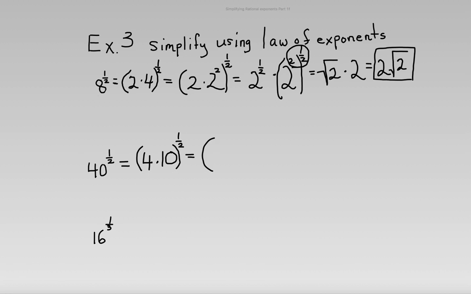And we're going to continue just breaking it down. So it's 2 squared times 10 to the 1/2, which is 2 squared to the 1/2 times 10 to the 1/2.